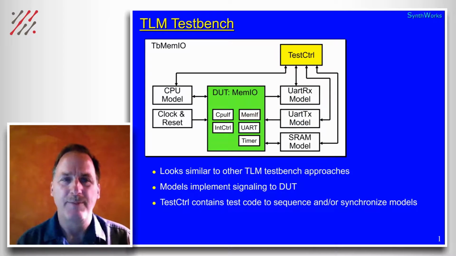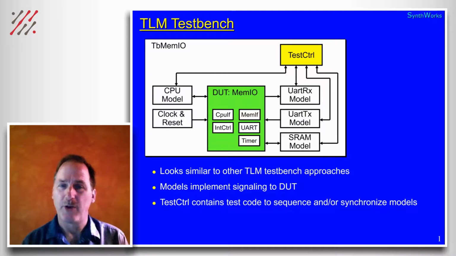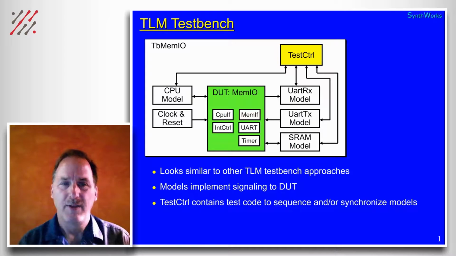So in this scenario, we have models that implement the signaling to the device under test. And those models can be subprograms, or they can be entities. And then what I like doing is having a central model, test control, that contains test code to sequence and/or synchronize the models.